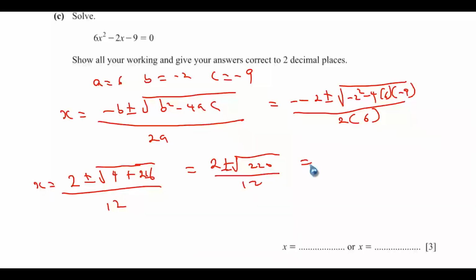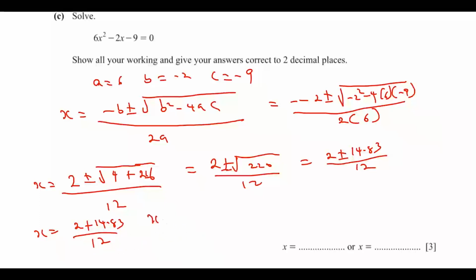If you do this, it will give you 2 plus or minus about 14.83, then over 12. So we can now split it into 2 by saying x is equal to 2 plus 14.83 divided by 12. So this will give you the value of x as 1.40, that is one value.